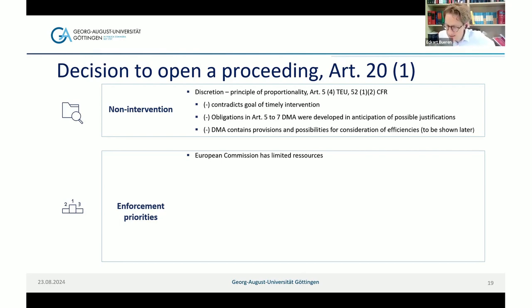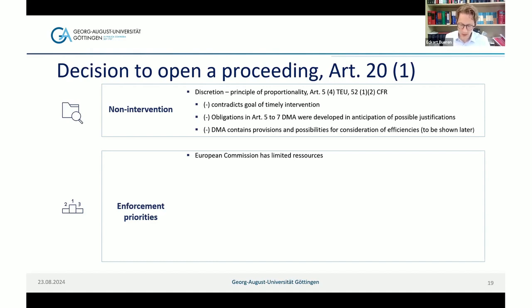So it could be the case that the Commission has several possible cases of non-compliance, and it has to decide to go after one, but it cannot go after the other because its resources are just not sufficient. And then again, it can be asked, how shall the Commission make this prioritization decision?